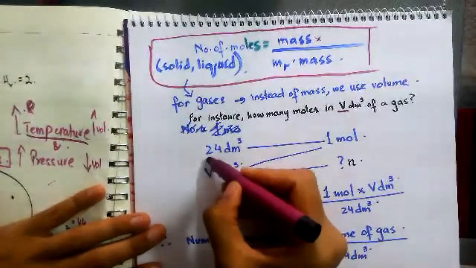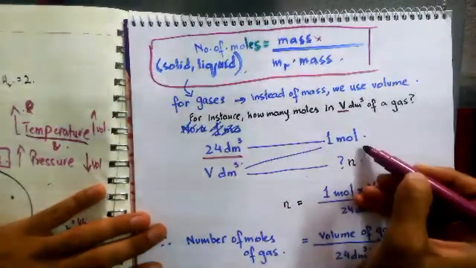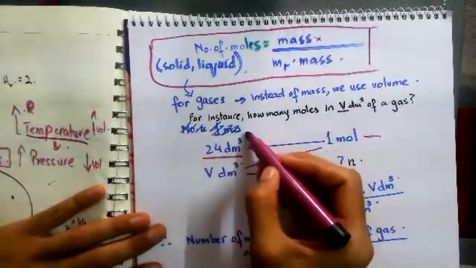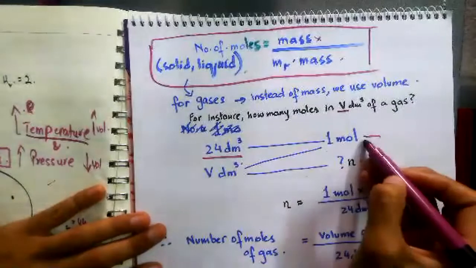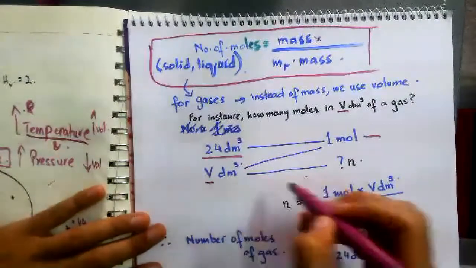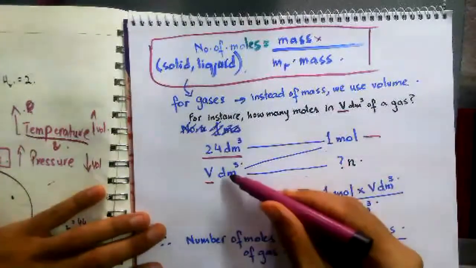If we know that 24 dm cube is the volume of 1 mole, this is Avogadro's law, then V dm cube will be how many moles? Again, ratio method.